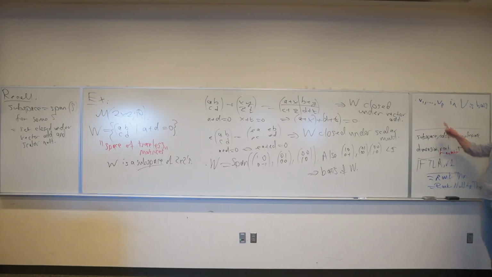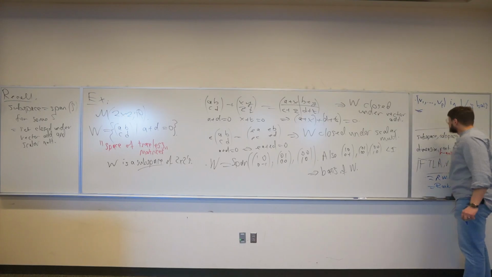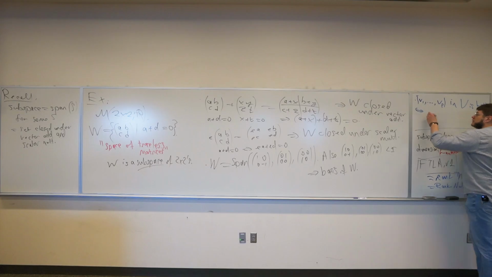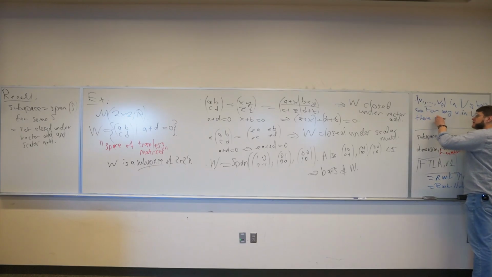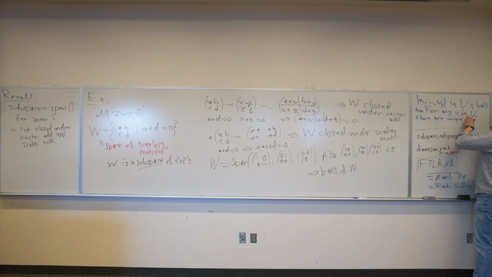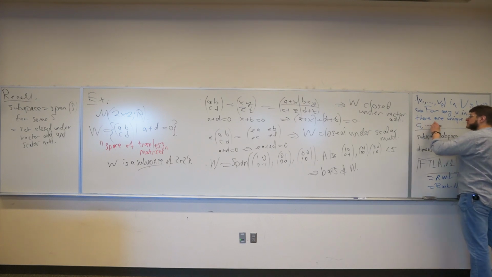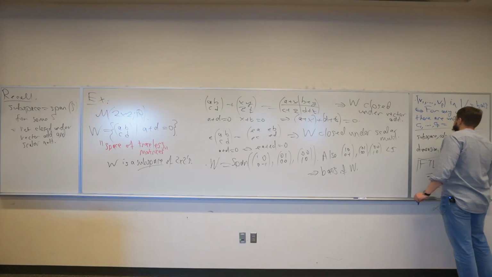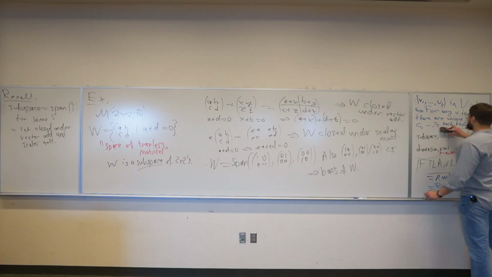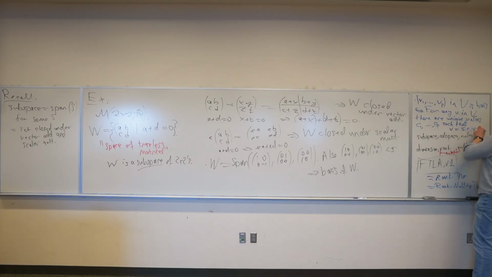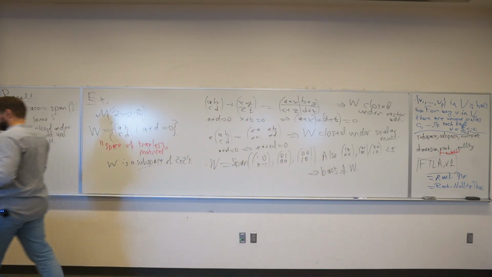The set of vectors in some vector space V is a basis if and only if for any v in V, there are unique scalars C1 through Cp such that v equals the sum of Ci vi. Okay.